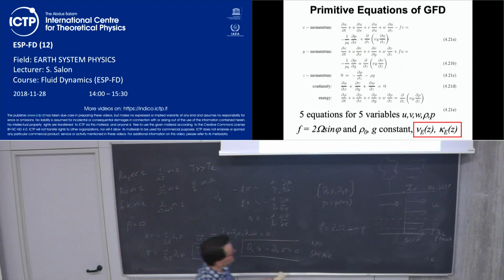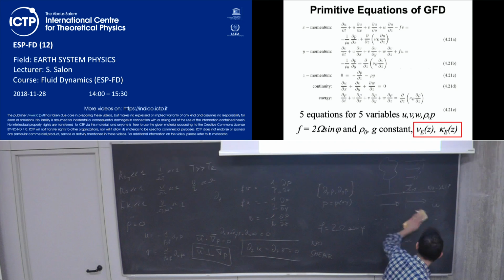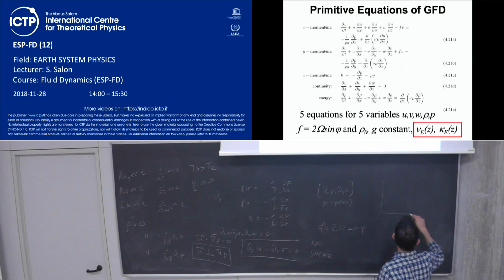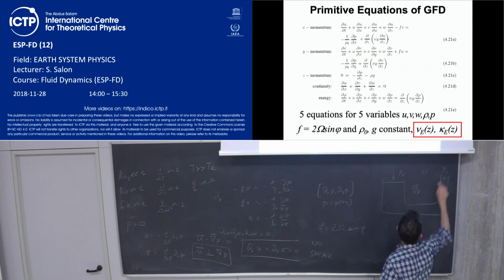Why? Because if you consider a usual non-rotating fluid, so you have a U-tube, for example this one. So here we will have a certain pressure, here we will have another pressure. So of course what happens is that the gradient of pressure, if here we have P1, which is much larger than P2, for example, will go in this direction, okay?